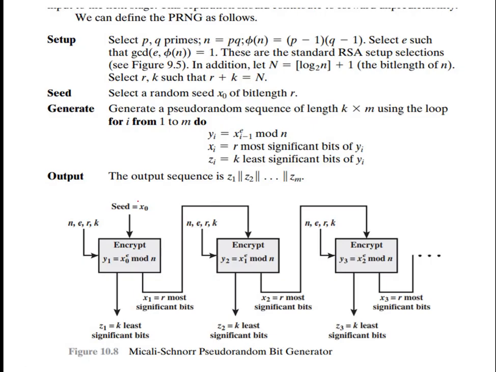You can see here, we are giving this input an E, R, K value along with the seed value. Then encryption happens here. This remainder we are taking as the pseudo random number, and the output value we are sending as input to the second box.